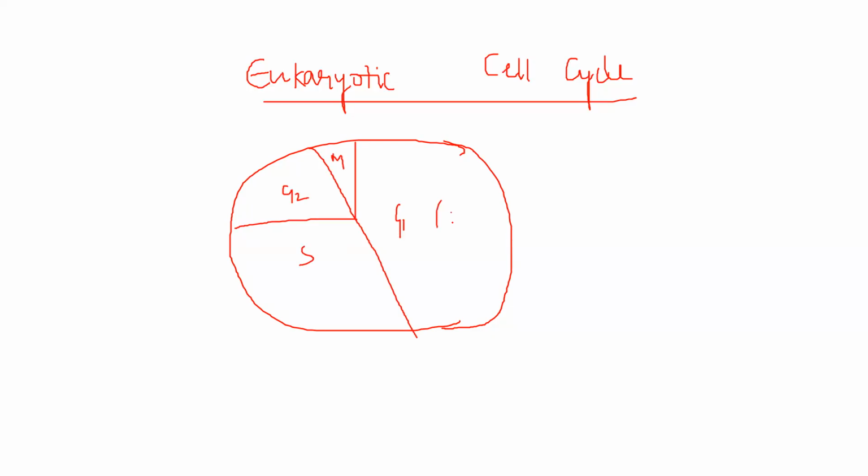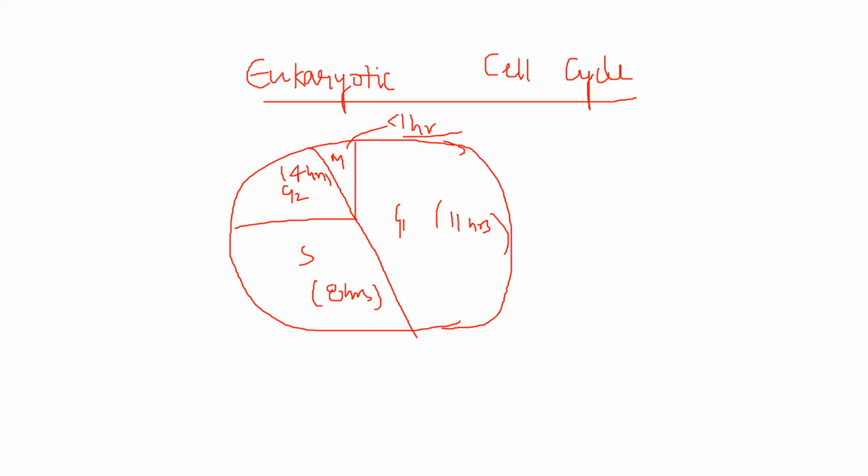G1 will last for 11 hours, S basically for 8 hours, and G2 for 4 hours. And M phase, that will be the mitotic phase, less than 1 hour.